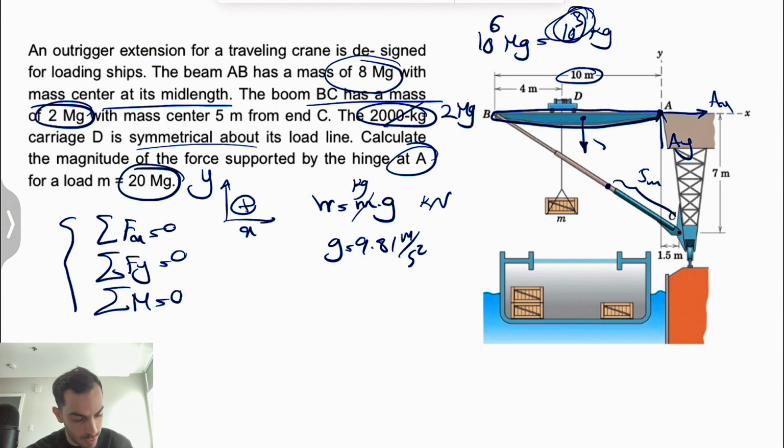Also, we have the weight of both the carriage and the mass M, which is going to be 2 plus 20 times our g. The 2 megagram is what we discussed for the carriage.